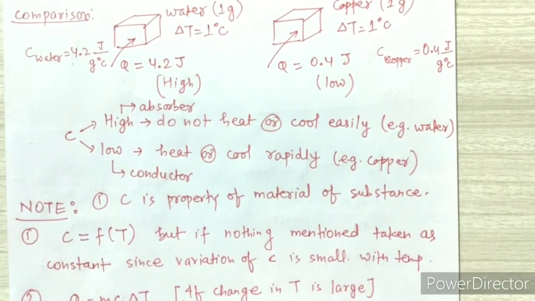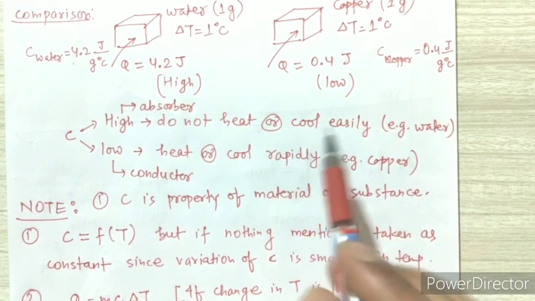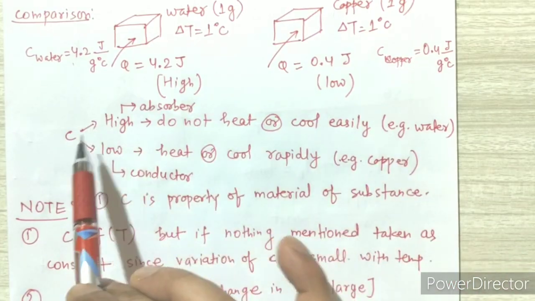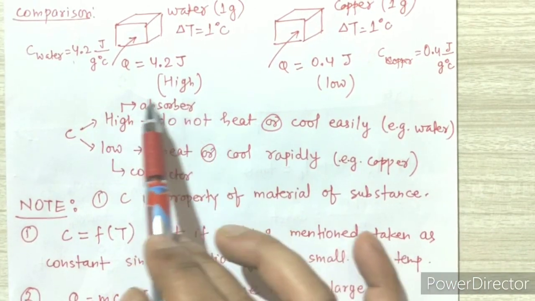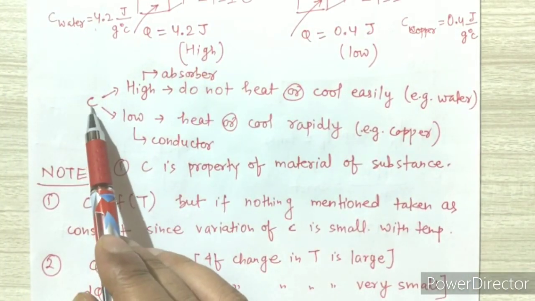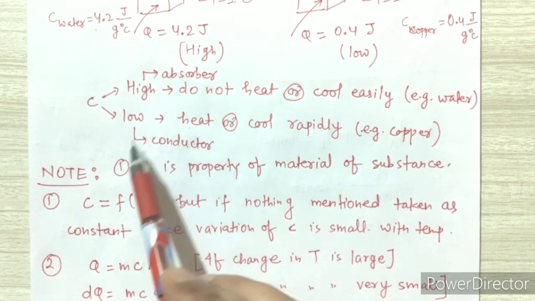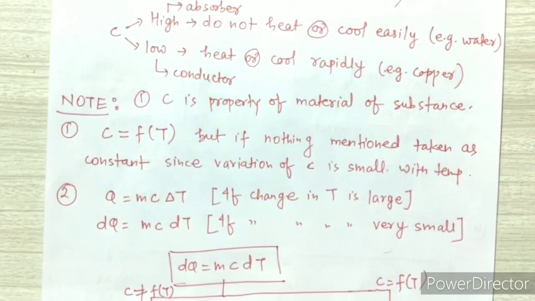And if specific heat is low, it means that substance can heat or cool rapidly. Example, copper. So if C is high, that substance will be a good absorber of heat, and those substances for which specific heat capacity value is low are good conductors. So remember these points.